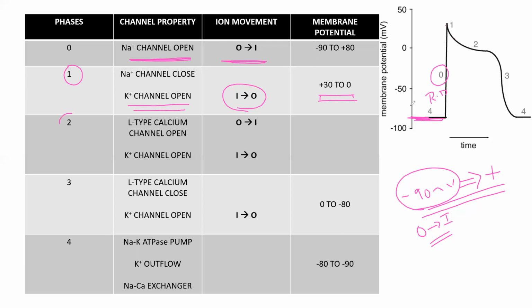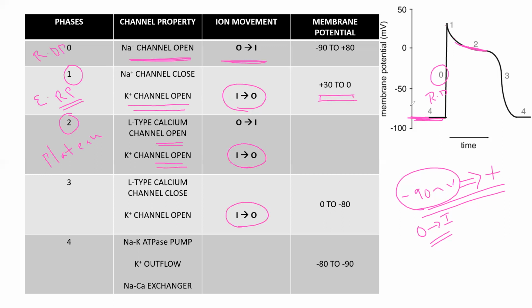The name for phase 1 is early repolarization. Phase 0 is rapid depolarization, and this is the early part of repolarization. Phase 2 is the plateau stage. Here L-type calcium channels open and potassium channels are also open. Wherever potassium channels open, the movement is inside to outside.